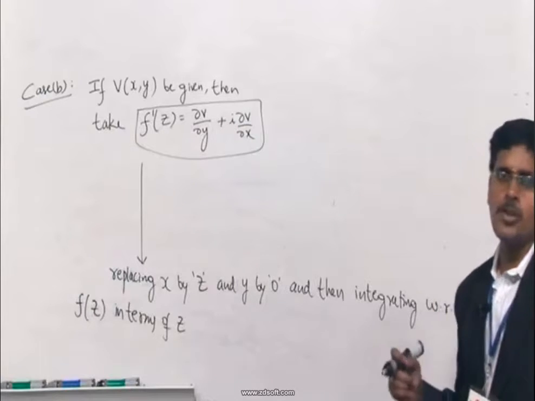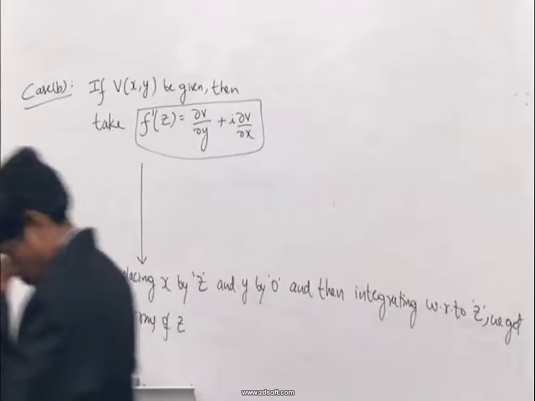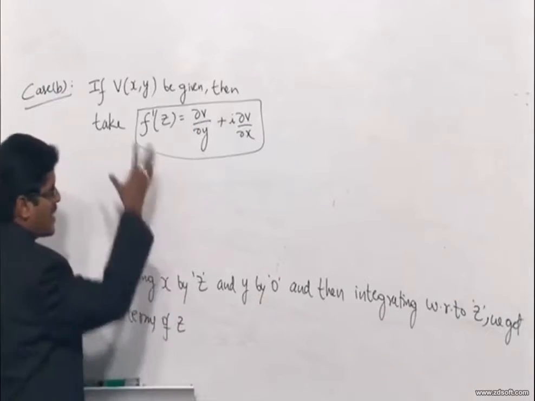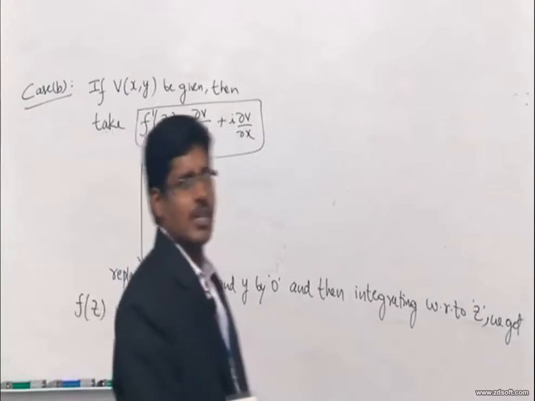Similarly, in this case, one example I am going to do, other example you do later. Just write what I gave in the last two sentences in case A here also, all of you. Replacing x by z and y by 0, and then integrating with respect to z, we get f of z in terms of z.